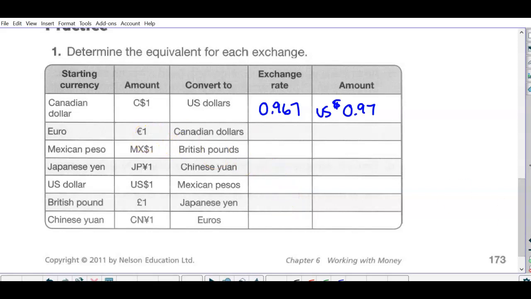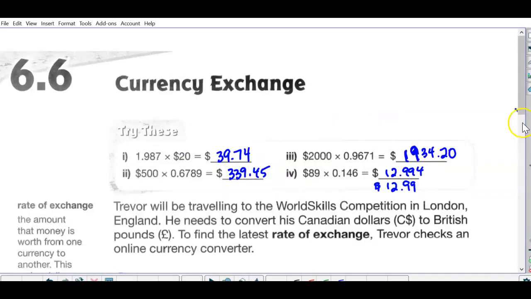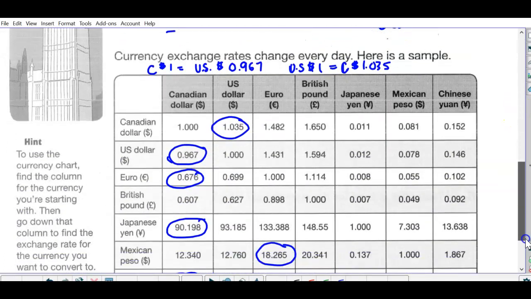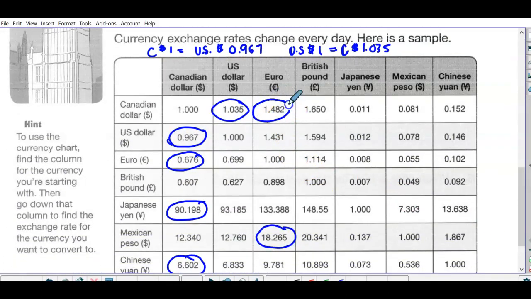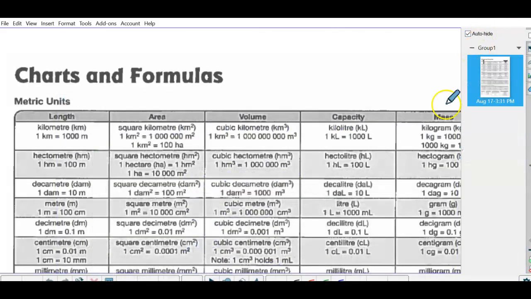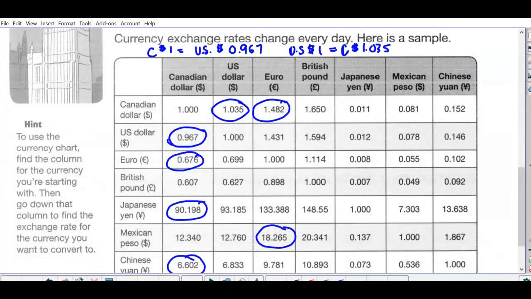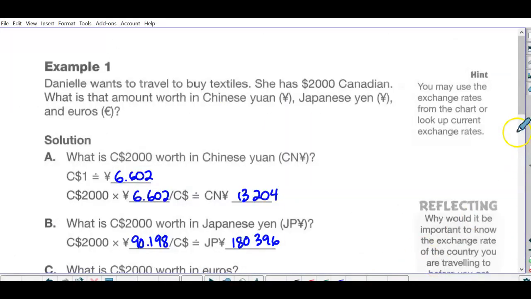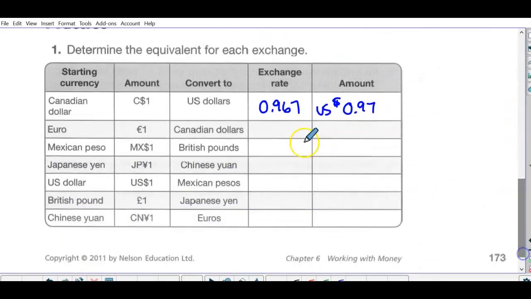So 1 euro to Canadian is 1.482. So when you multiply those together, you're getting Canadian dollars, and that's 2 decimal places.